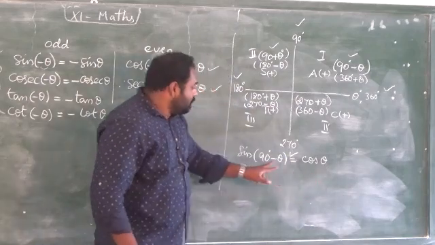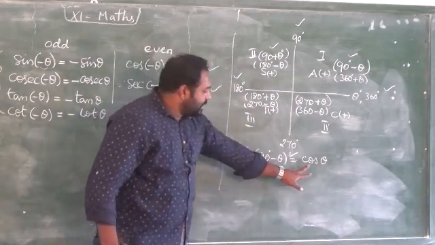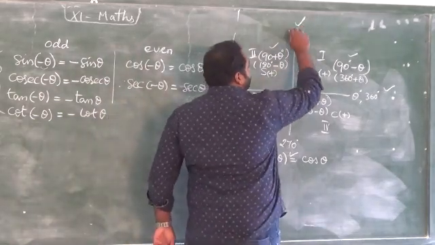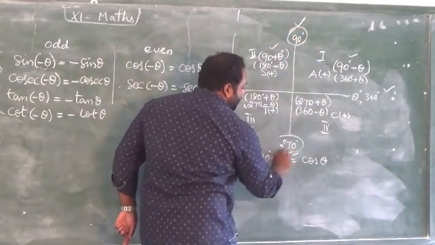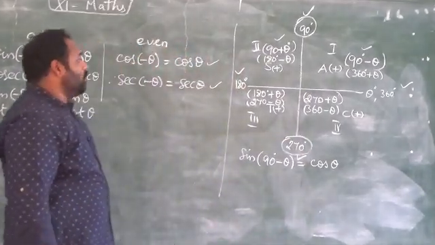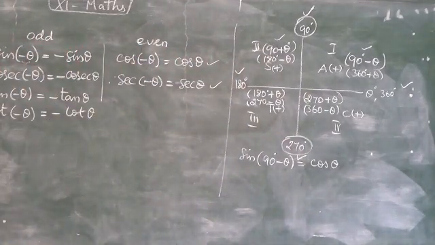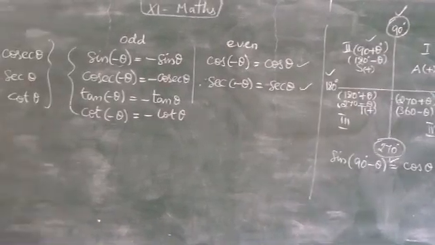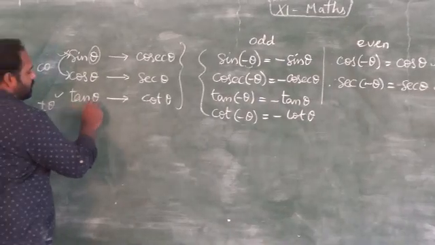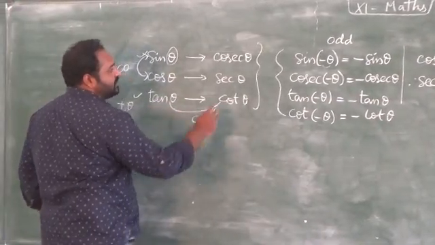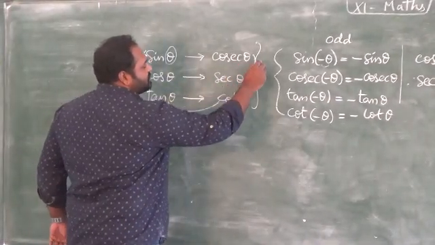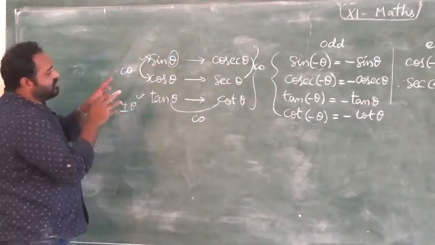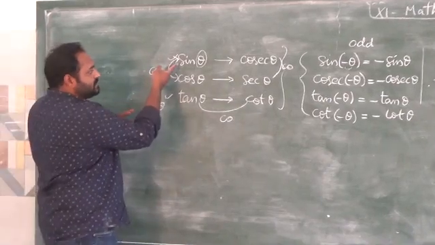Here we have a sine. How can we write cos? That's what I said already: with 90 and 270 we have to change into the co-ratio. What are the co-ratios, sir? Sine and cos are co-ratios, tan and cot are co-ratios, cosecant and secant are co-ratios.